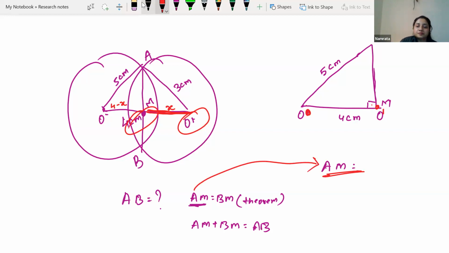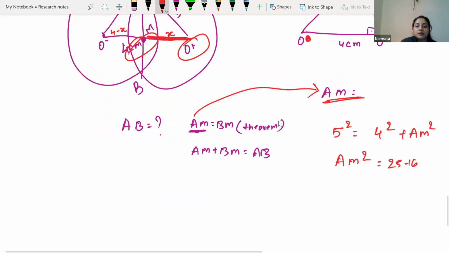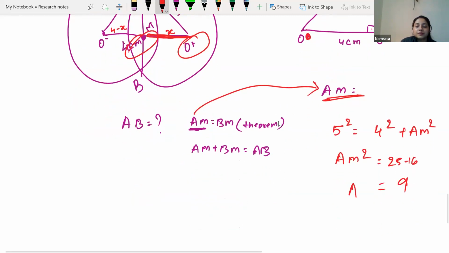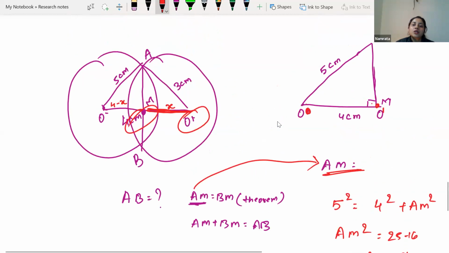Hypotenuse square is equal to base square plus height square. Easily we will be able to find AM: that is 25 minus 16, and we get AM square as 9. AM will be plus minus 3. We will take positive 3 only because we are talking about length. So positive 3 we got AM.